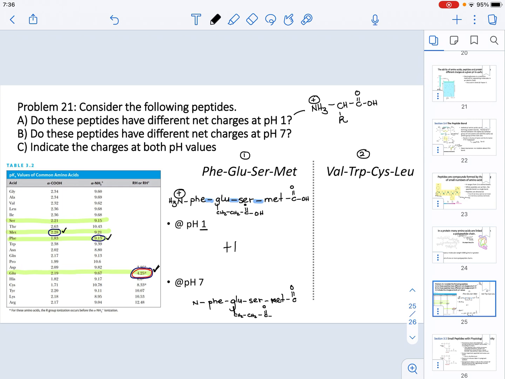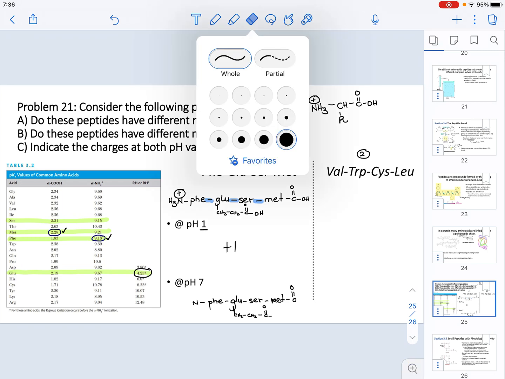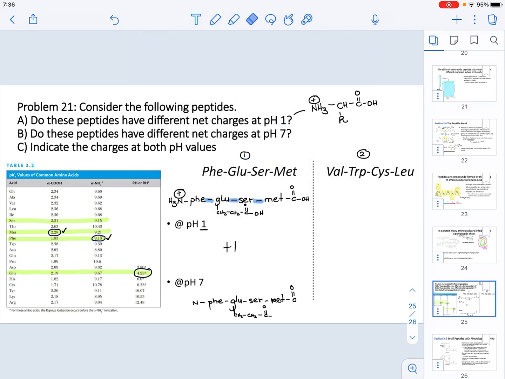So at pH 7, I can see that specifically my side chain for my glutamic acid has a pKa lower than the pH. And what happens always is that if the pKa is lower than the pH of your solution, then the proton will be lost. So this oxygen is going to become negatively charged.